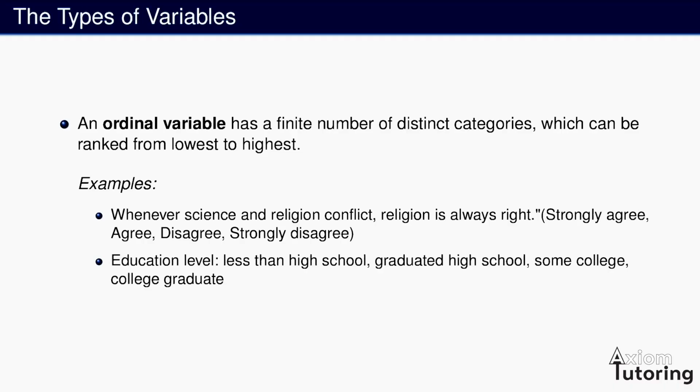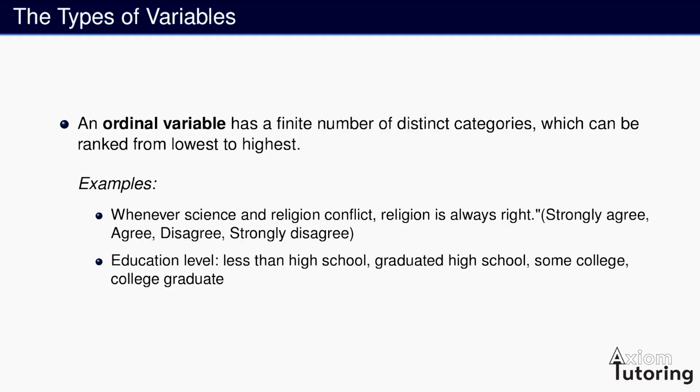We are able to establish a ranking between those different categories, but there's no intrinsic measurement units for those different categories. Okay, we can't say that agreeing is one unit away from disagreeing, and that disagreeing is one unit away from strongly disagreeing. Okay, we can just establish the ranking.